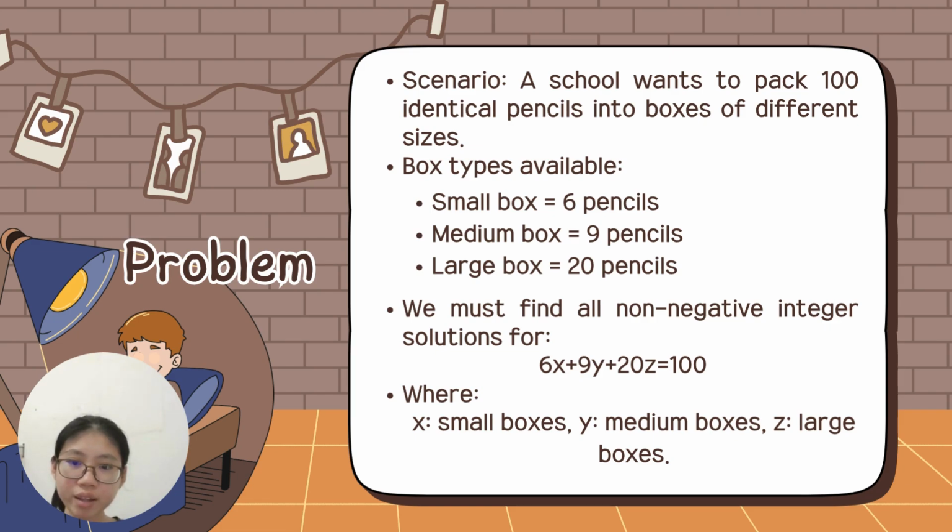We need to find all non-negative integer solutions for the equation 6x plus 9y plus 20z equals 100, where x, y, and z represent the number of small, medium, and large boxes, respectively.